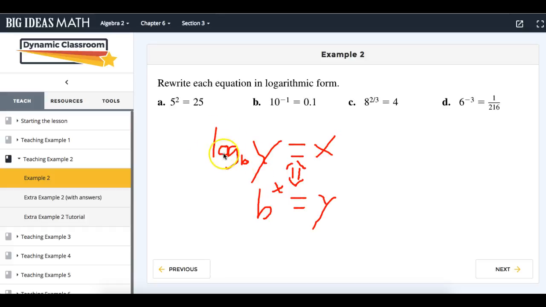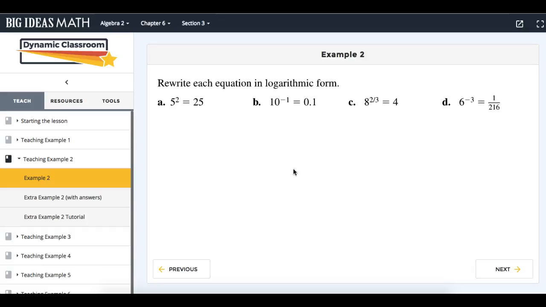Just remember that your log always has a base associated with it, which is this little number right here. To go back and forth between a log function and an exponential function, you just rewrite them this way. So log base b of y equals x is the same as your same base with your variable switched.